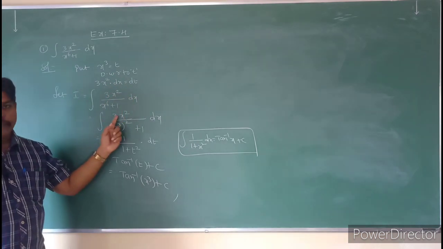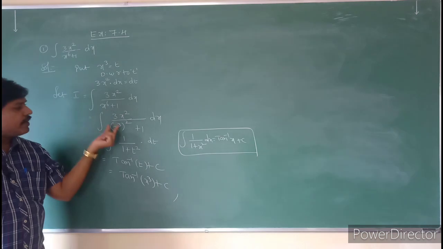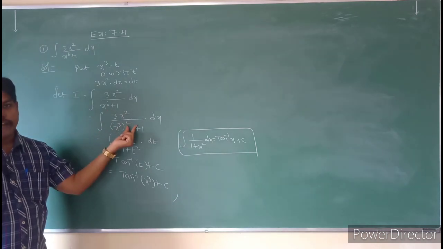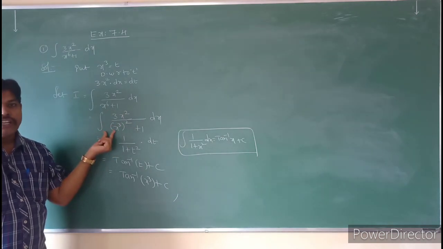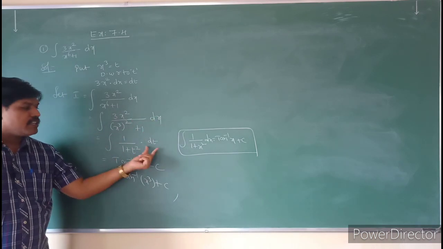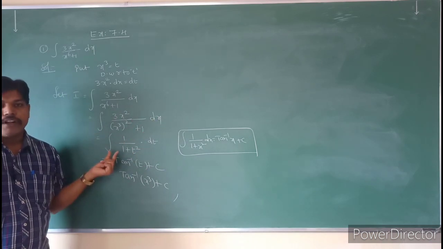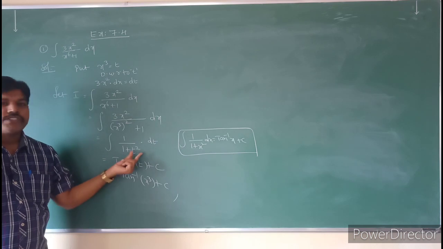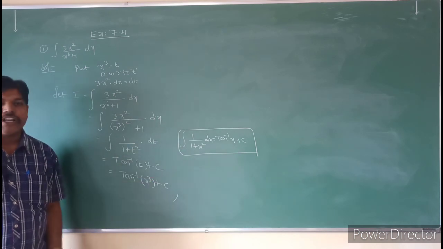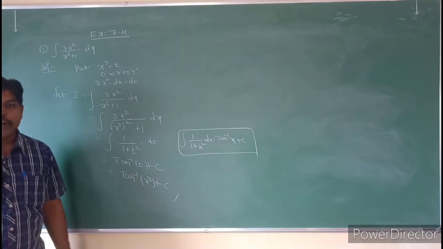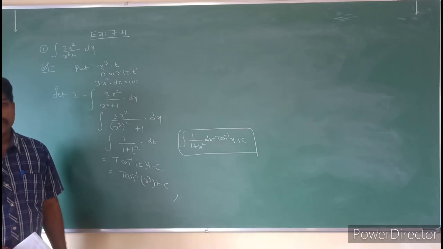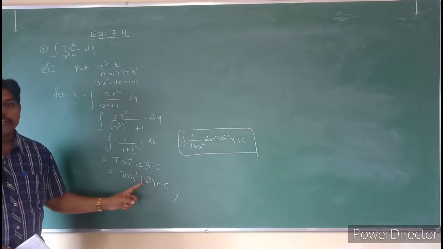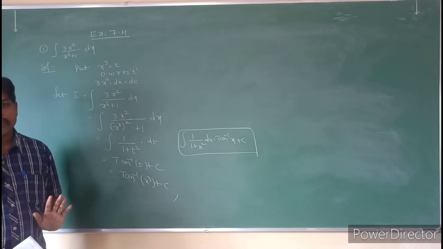So take the problem as I. This x power 6 you can write as x cube whole square. So this x cube is t and 3x square into dx is dt. So the problem will become integral of 1 by 1 plus t square into dt. It is in the form of integral of 1 by 1 plus x square into dx, whose formula is tan inverse x plus c. Just apply the t value, which is x cube. Do you understand, students?